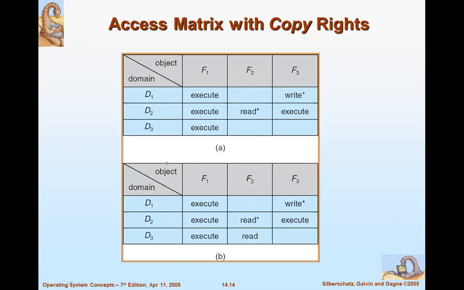Similarly, in table B, you can see you have again the three objects and three domains, and over here they have added only the read operation in domain 3 with object F2. So now you can perform the read operation with object F2 in domain D3.